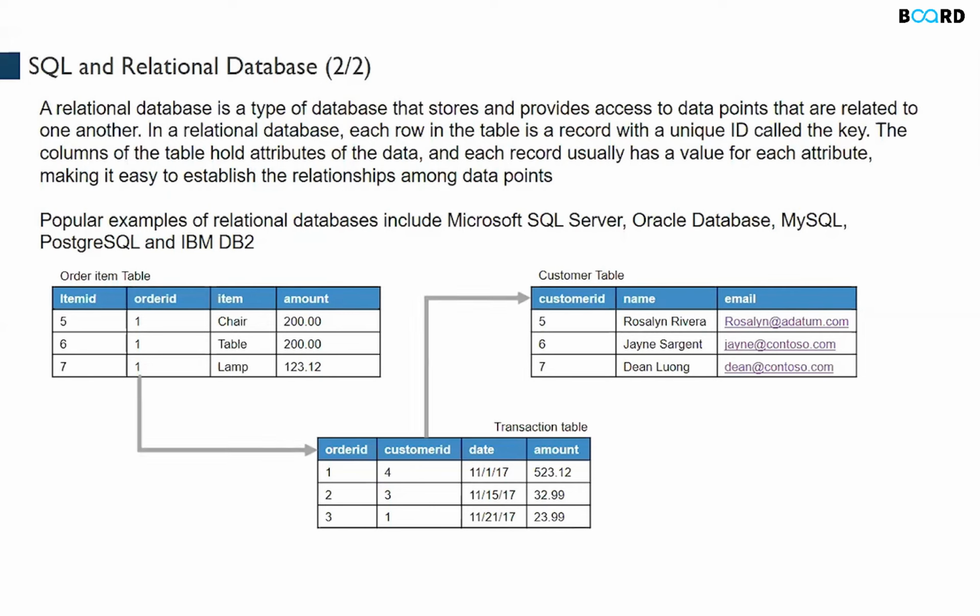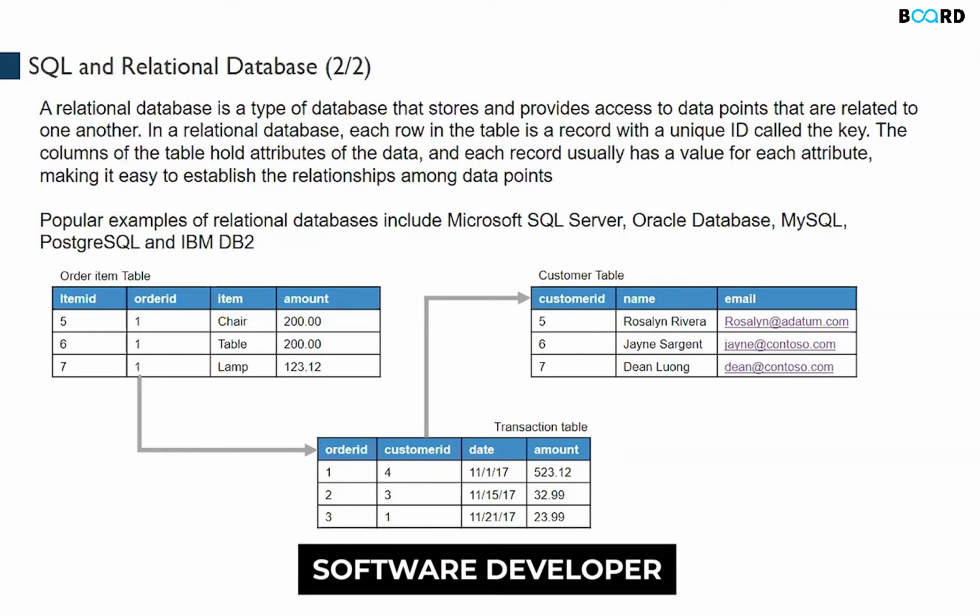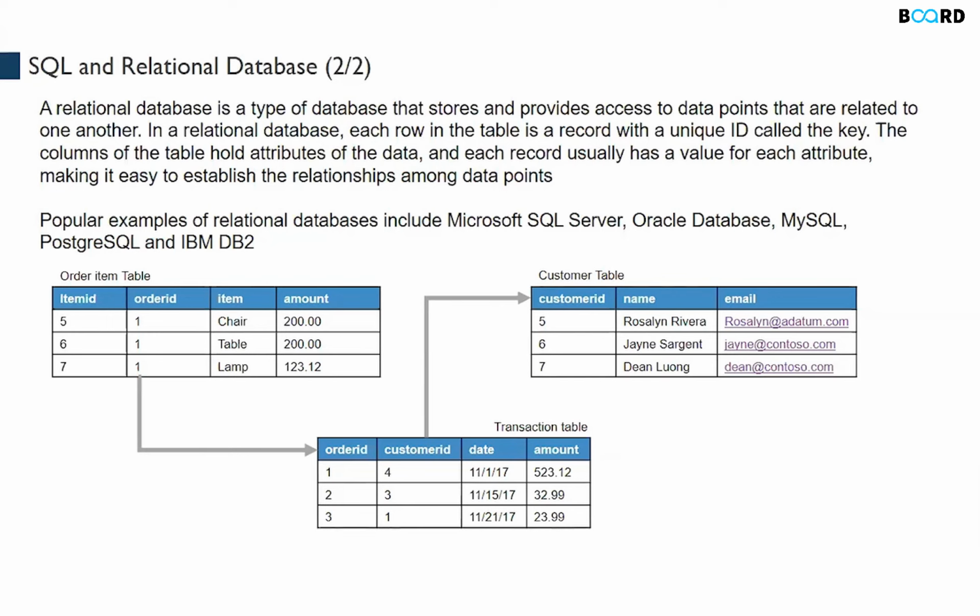Now, this is a tabular structure, right? So after 2000, what people realized was it was getting difficult for software developers to create these relationships and store data. Why? I don't know how much you know about agile methodology and waterfall methodology of software development.